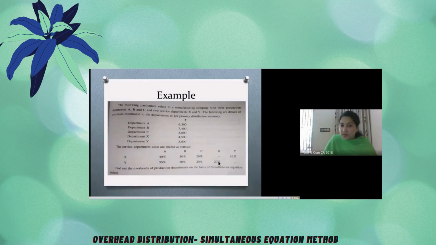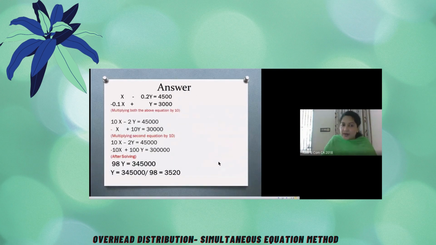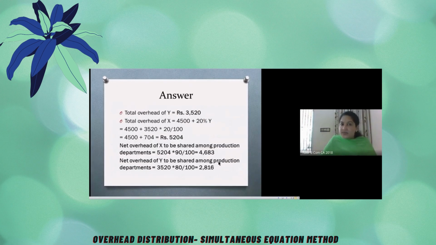So it is very easy for me. That's what I have done. Once I got the value of y, which is 3,520, I solved it. Now total overhead of x is equal to 4,500 plus 20% of y, right? So it will be 4,500 plus 3,520 into 20 by 100.